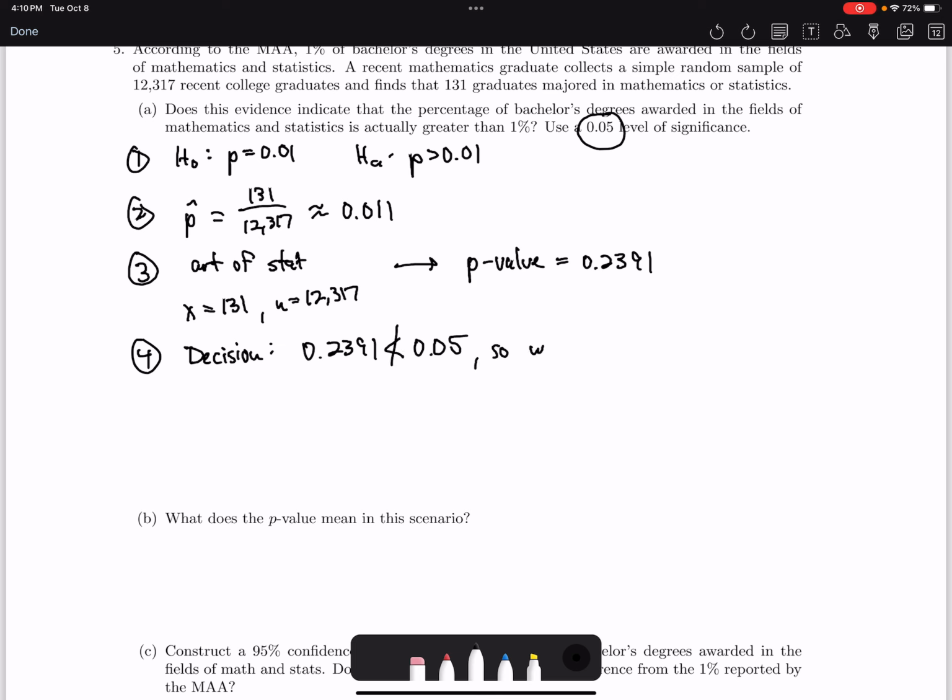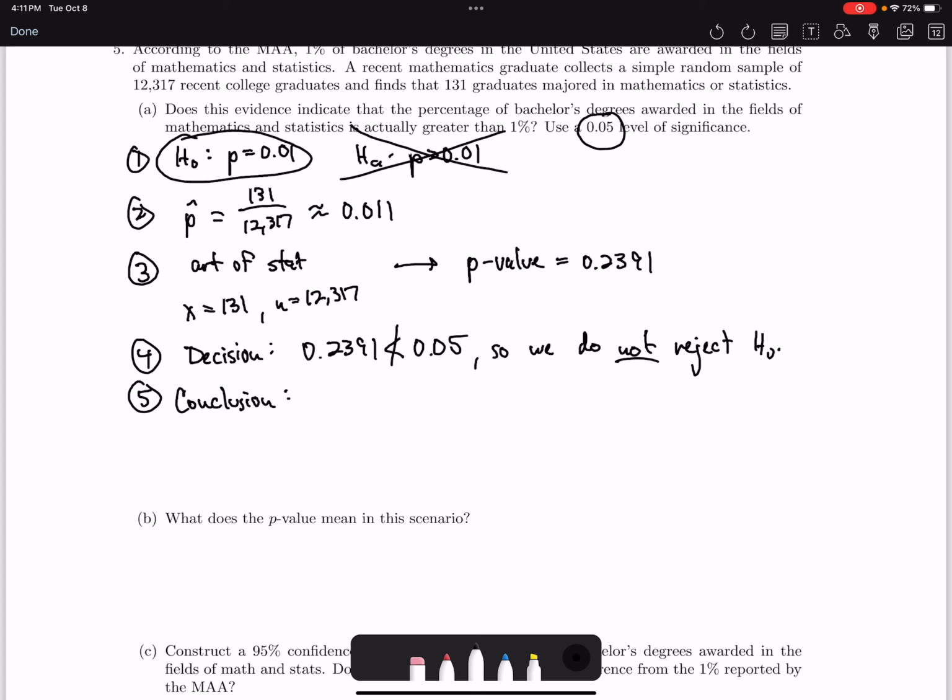So we do not reject the null hypothesis. So then, in conclusion, we would say there is not sufficient evidence, right? We're not rejecting the null hypothesis, so there's not sufficient evidence to support the alternative.